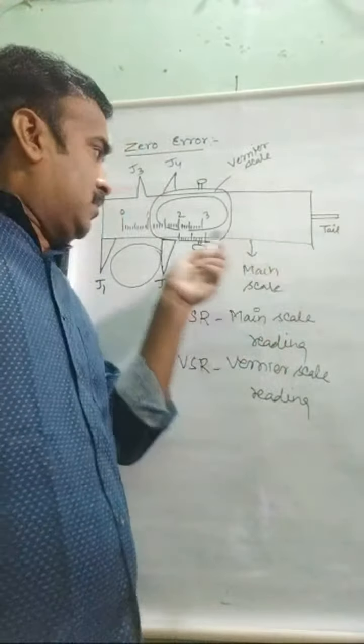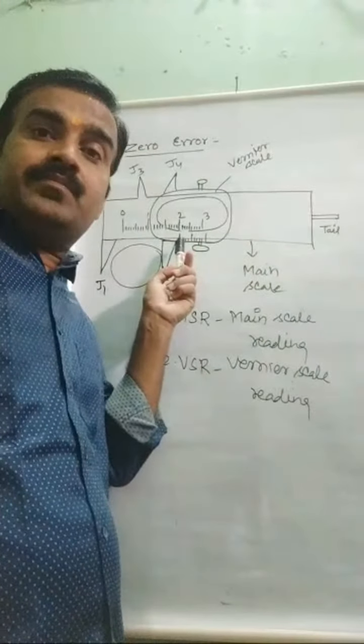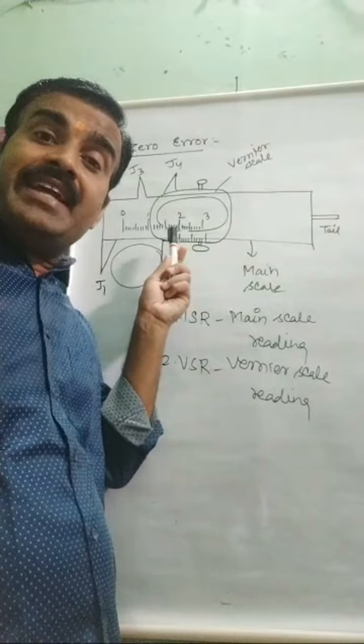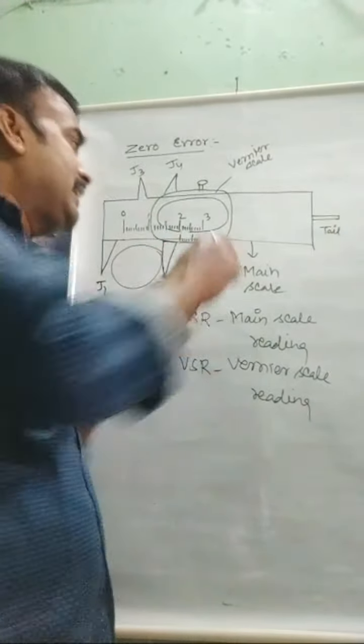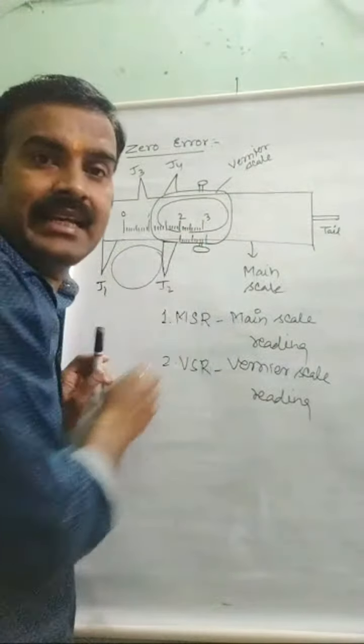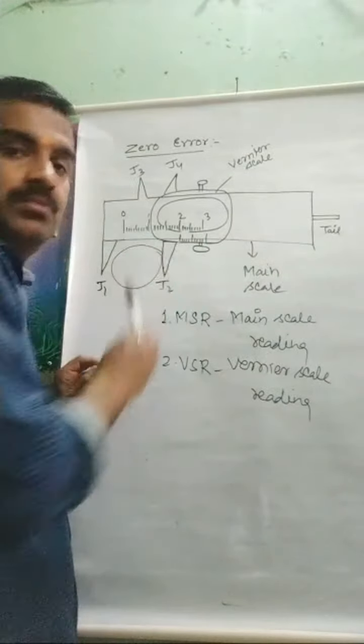Suppose the very first division of the Vernier on the main scale is exactly at 2.